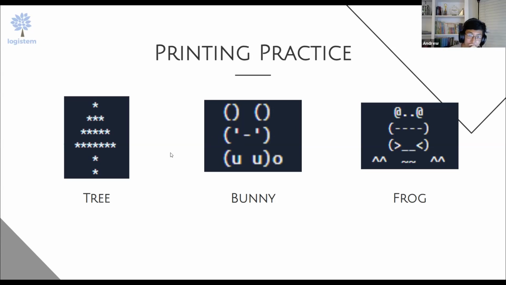Okay, actually just pick one of them to practice. That's probably because we are a little bit short on time as of now. So just pick either the tree, bunny, or the frog. I would say these probably go in order of difficulty. The tree is really easy and the frog's probably the hardest. So based off of your experience, you can try any of the following.